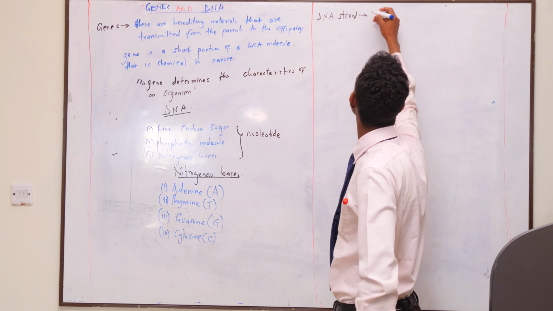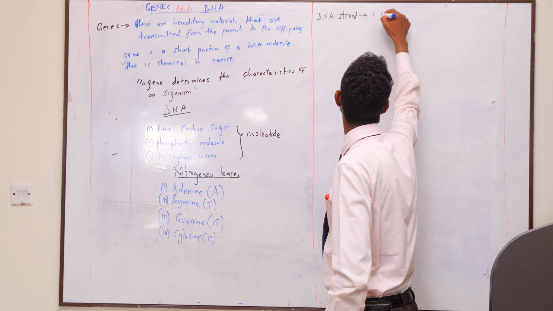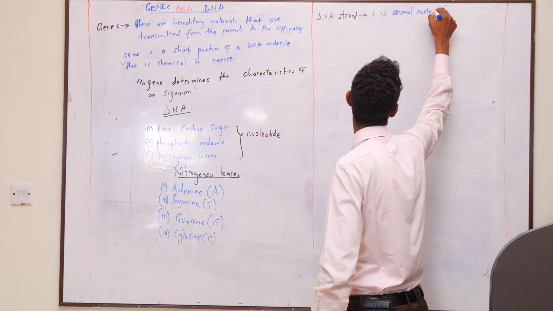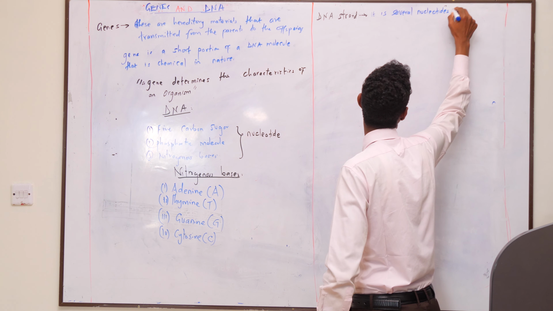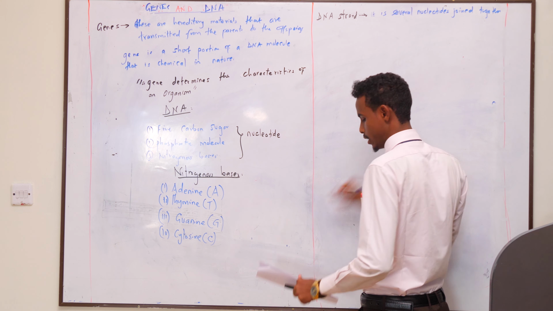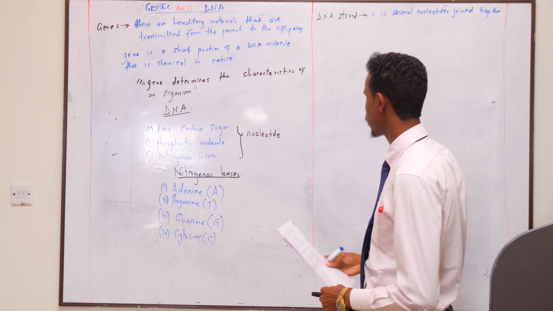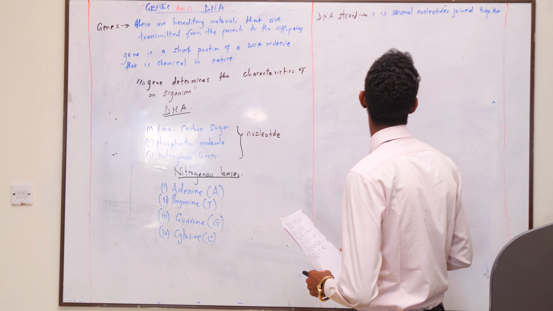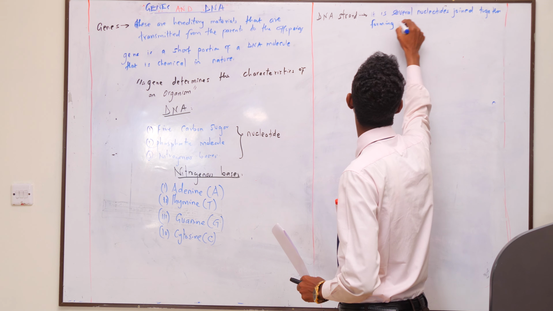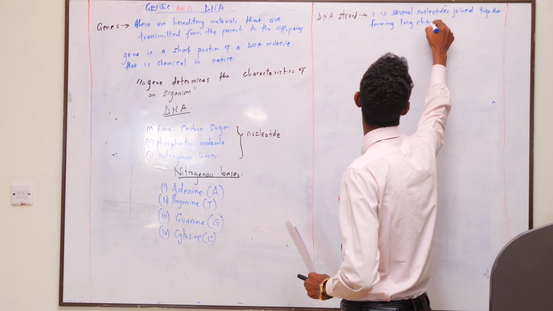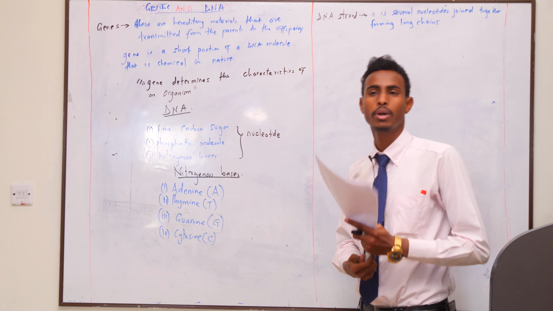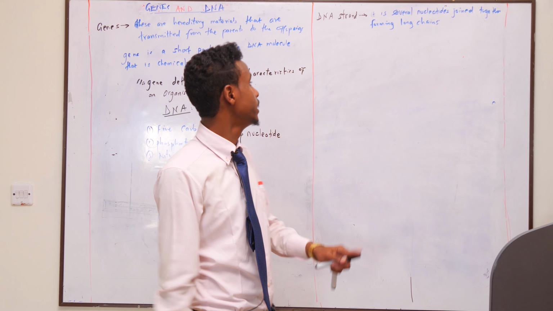Several nucleotides joined together. Now, when several nucleotides are joined together, forming long chains, that is what is called the DNA strand.